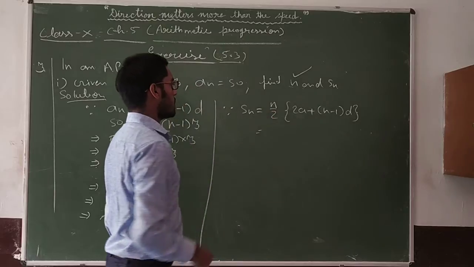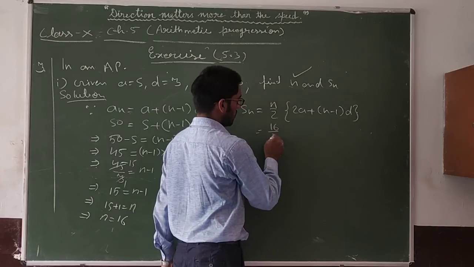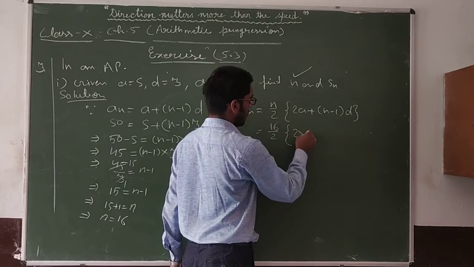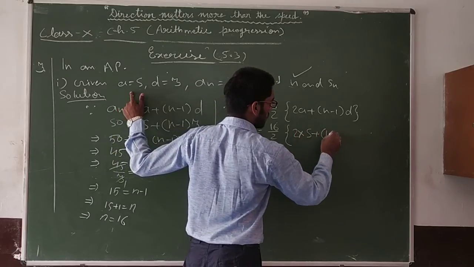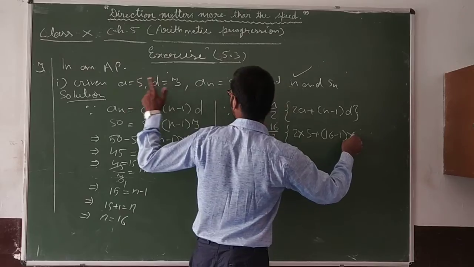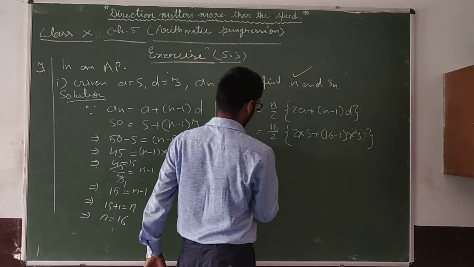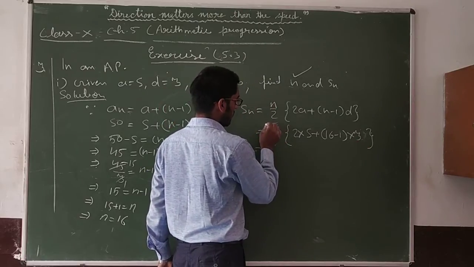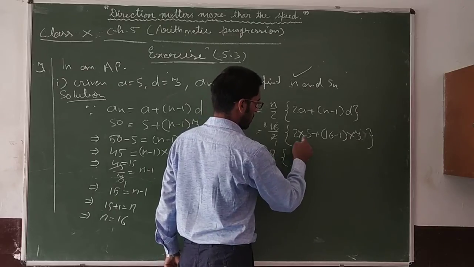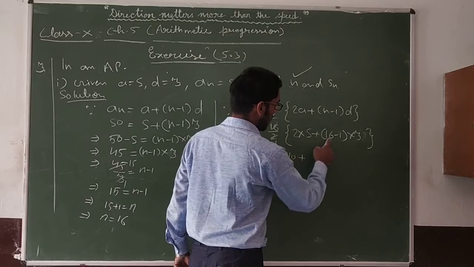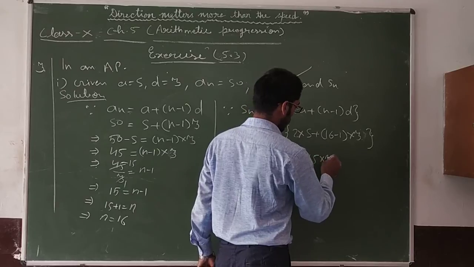The number of terms is 16 because you found it earlier: 16 upon 2 in bracket 2 into a, first term is 5, plus in bracket n is 16 minus 1 into common difference d, which is 3. 2 8s are 16, so 8 in bracket 2 5s are 10 plus (16 minus 1) means 15 into 3.